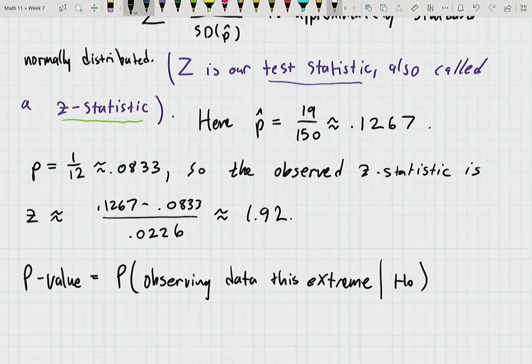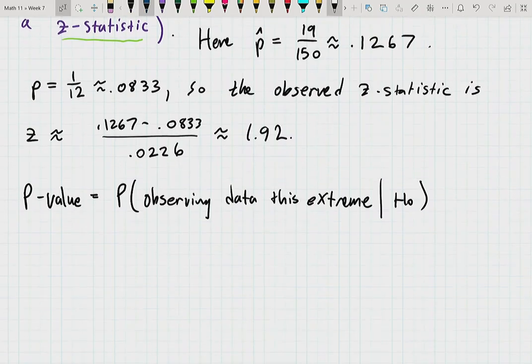And remember, by extreme, we mean in favor of the alternative. We got data that was 1.92 standard deviations from the mean. Anything that's more than 1.92 standard deviations from the mean is even more in favor of the alternative hypothesis. So that's why I'm going to include all the area that's 1.92 standard deviations or more.